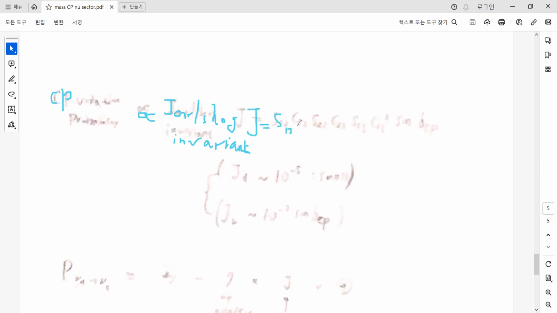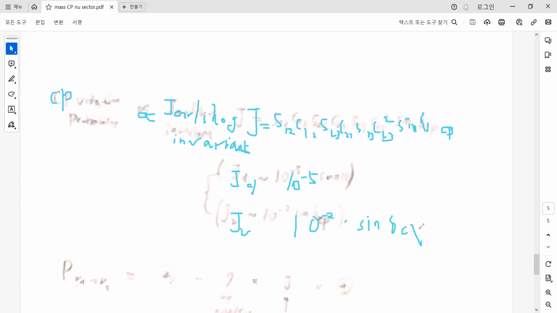Where J is equal to sine theta 12, cosine theta 12, sine theta 23, cosine theta 23, sine theta 13, cosine theta 13 squared, sine delta CP. For the quark mixing, such a Jarlskog invariant is almost 10 to the minus 5. But in the neutrino case, it's 10 to the minus 2 times the sine delta CP.